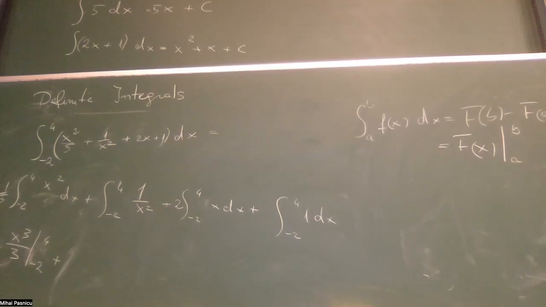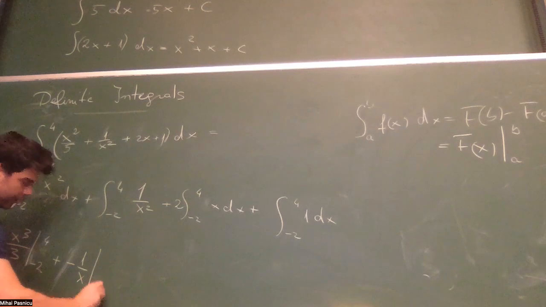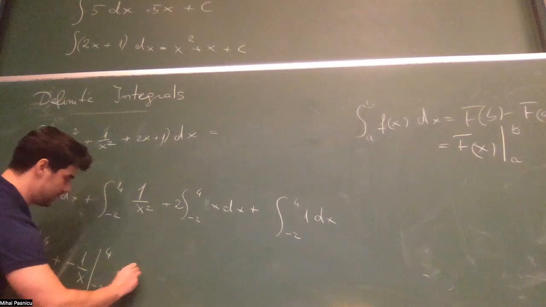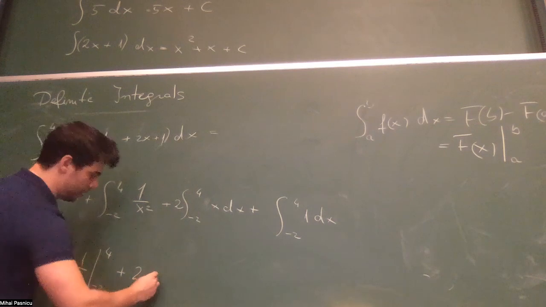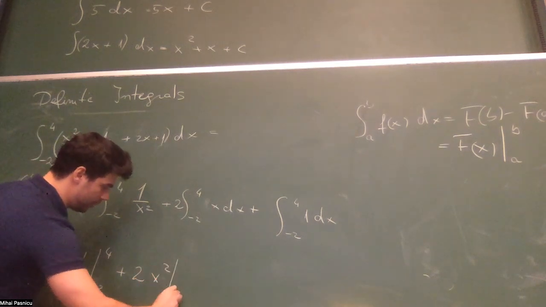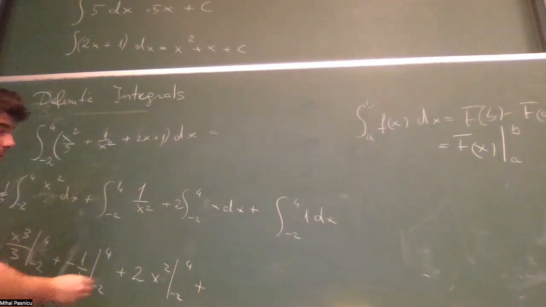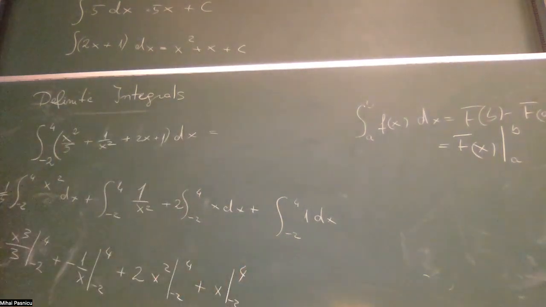Minus 1/x, so plus minus 1/x between -2 and 4, plus 2 times the primitive of x, which gives x squared between -2 and 4, plus x between -2 and 4. Everyone did something like this, got something similar? Yeah, cool.